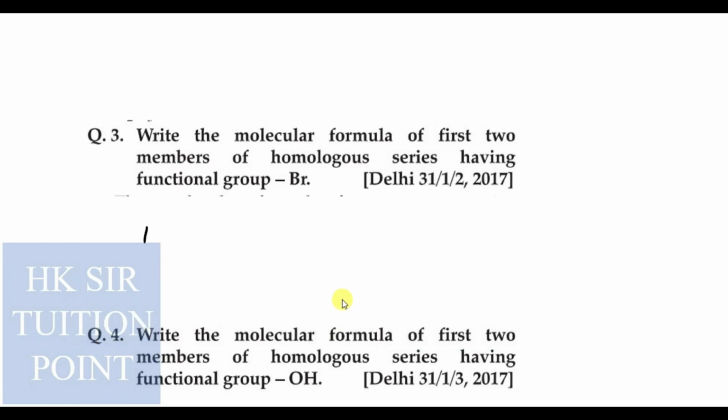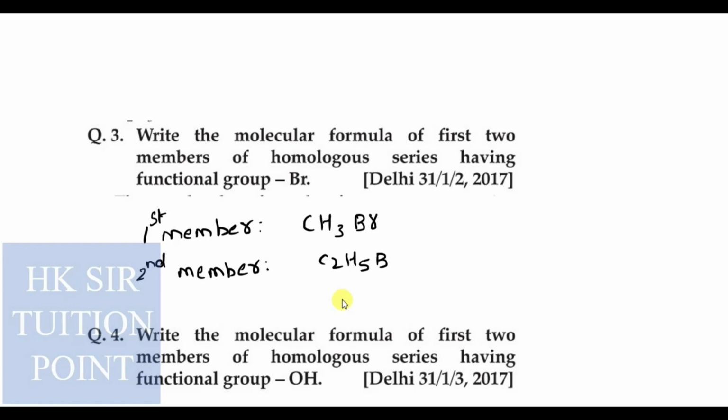So the first member is CH3Br, because in place of chlorine, bromine. The second member is C2H5Br. Its name: bromine is there, so bromo.